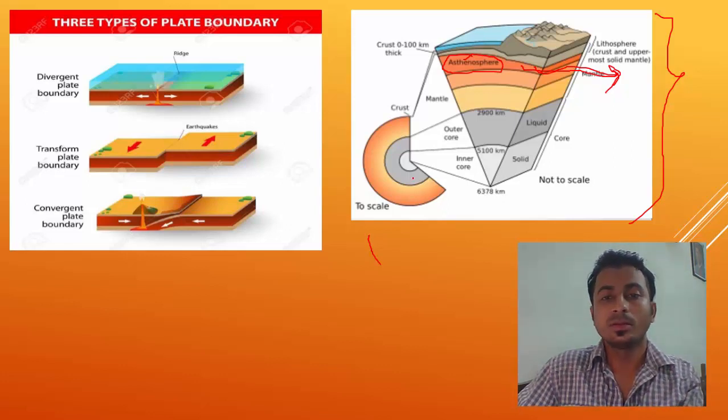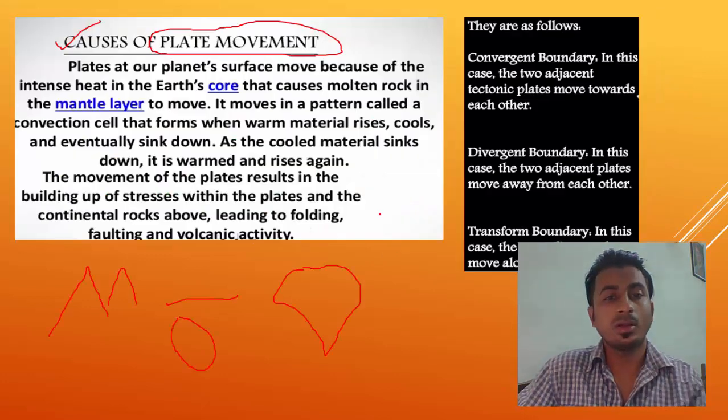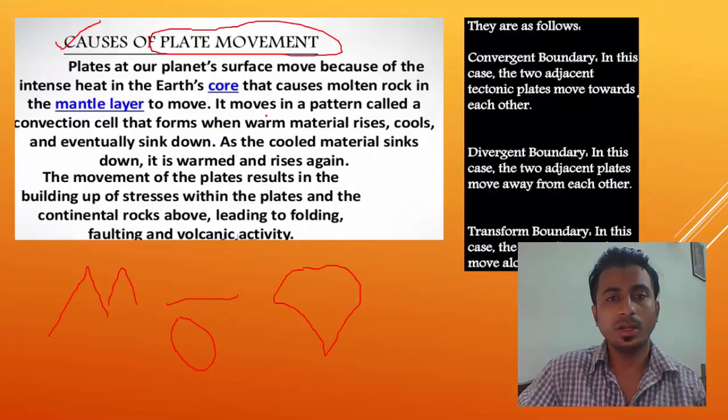Okay, so now as we move on, it is written that the heat in the earth's core melts the rock and hence lava forms. I told you asthenosphere is like molten lava and it moves in a pattern called a convection cell.